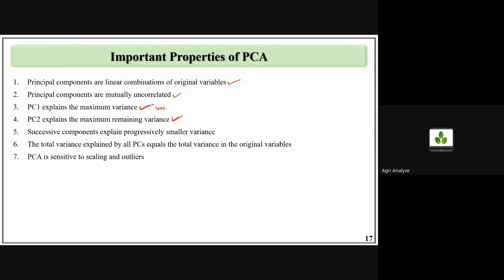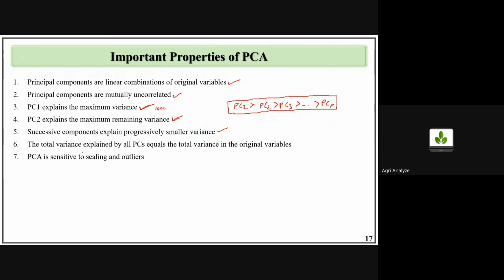Then successive components explain progressively smaller variance. It means explained variation of PC1 is always greater than PC2, always greater than PC3, up to PCp. Okay, this is the basic understanding of explained variance by PCs.